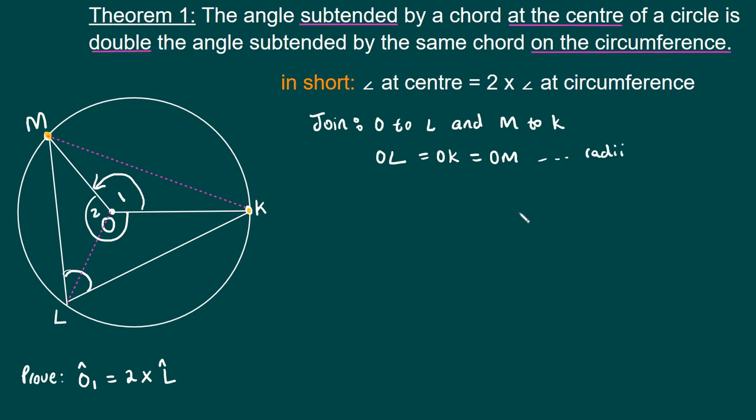That is the first thing you're going to tell the examiner. So please know, good people, always remember that because you have a center, this line is going to be equal to that line. It's also going to be equal to that line. Good. Now the second thing is to do what?